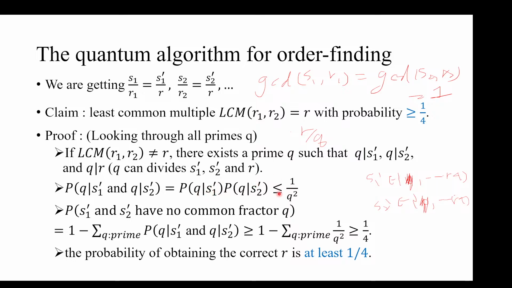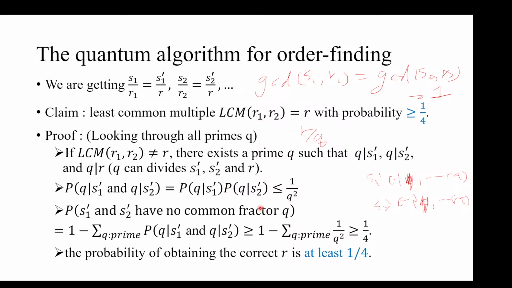So you draw a random number, and it's really 1 over q probability that the number is divisible by q. Each one of them is less than 1 over q, and multiplying together is less than 1 over q squared. Okay, and then we are basically just down here. So this is for 1 over q.